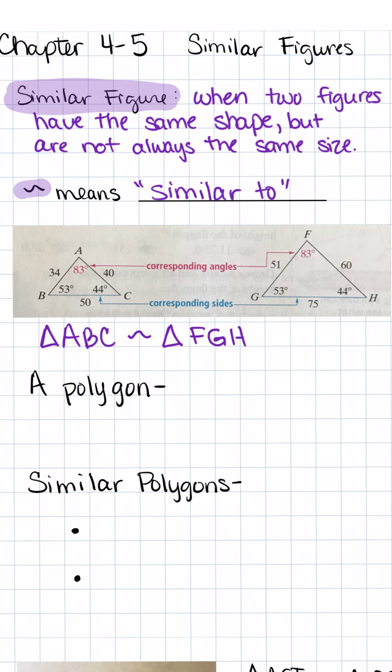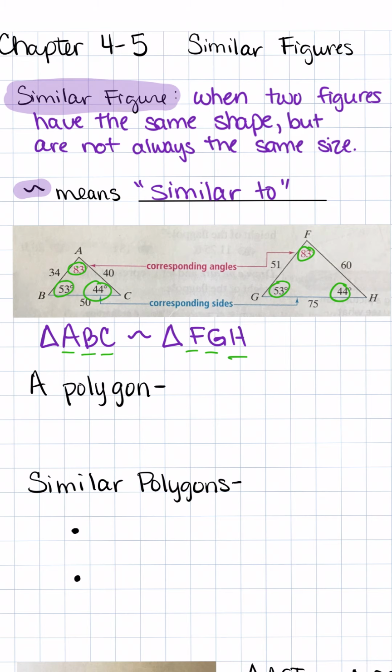And notice I put A is 83 degrees and F is 83 degrees, so those are the first ones. G and B are both 53 degrees. Second and last is the one that's 40. So they're lined up together.